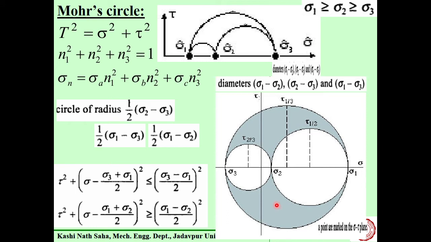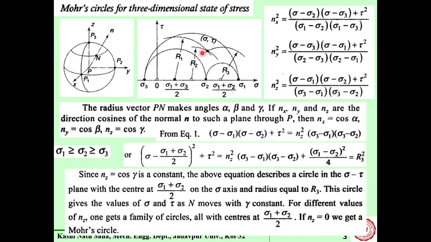Corresponding to this particular point, we drop a perpendicular and get a particular sigma value. From here, we drop another line and get a particular tau value. So the sigma and tau values of this point we can find out.